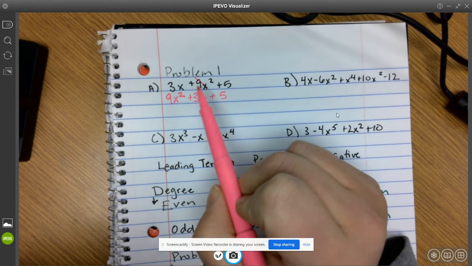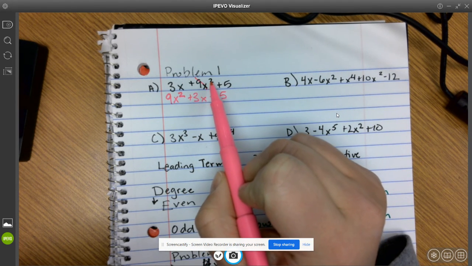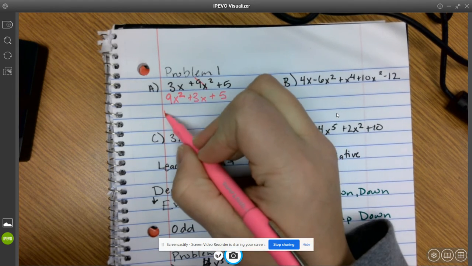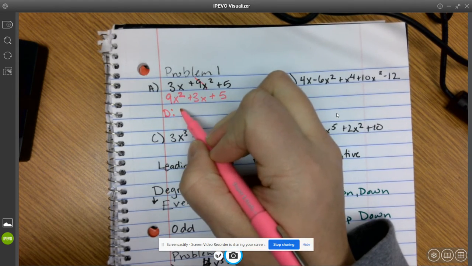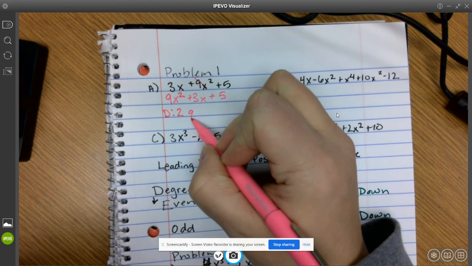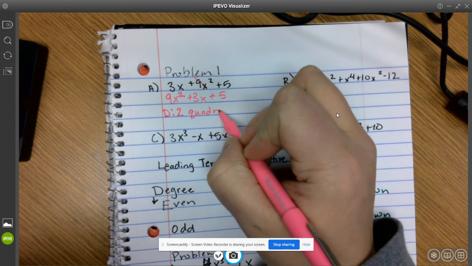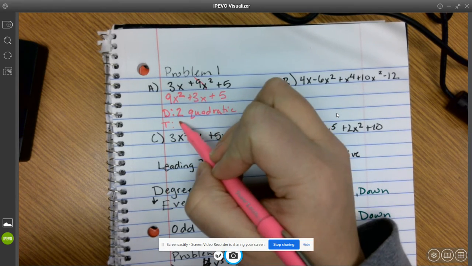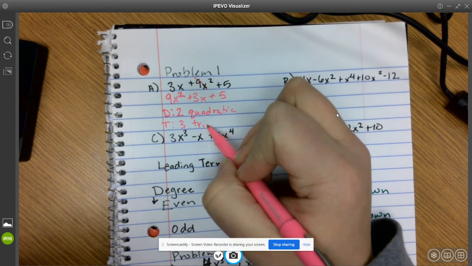You have to make sure that you write it from your highest degree, your highest exponent, down to your lowest exponent. So my degree here, I put D. My degree here would be 2, so that's quadratic. And my terms are 3, which is trinomial.